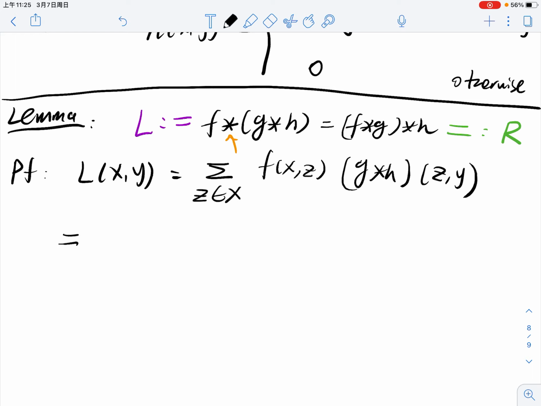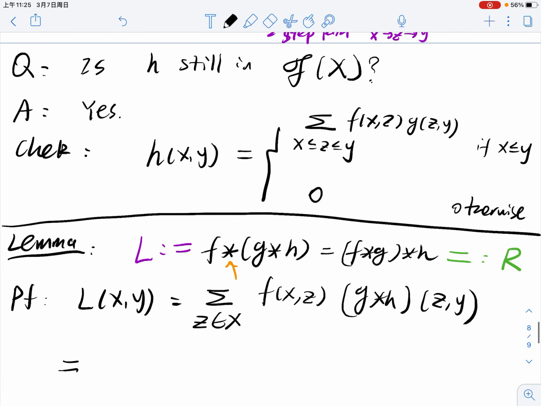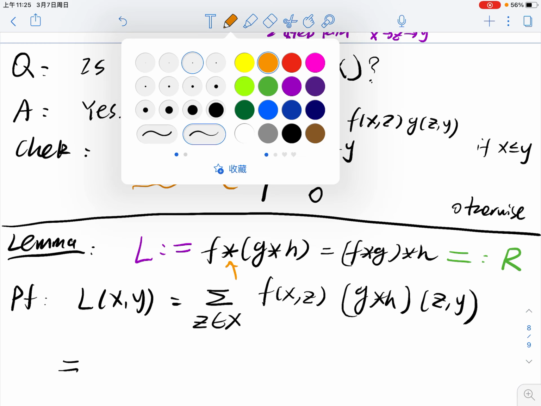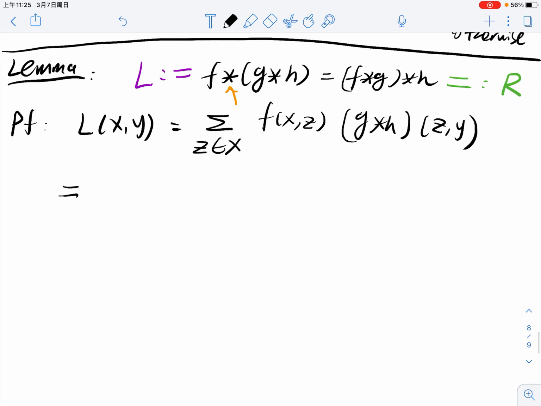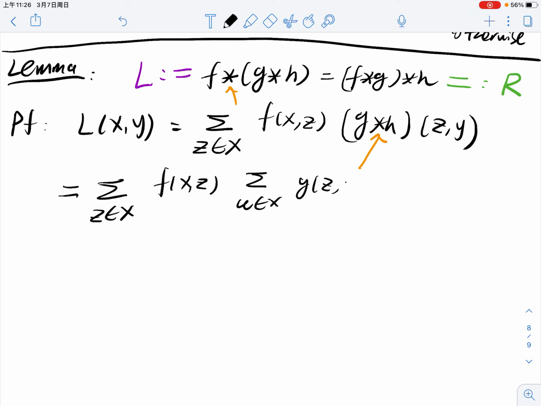Recall that here you don't use the second form, because otherwise you will have a more complicated form. You can try it. And next, we simplify the inside function. We try to write down the formula for this convolution. So there will be a summation of g(z,w) times h(w,y).